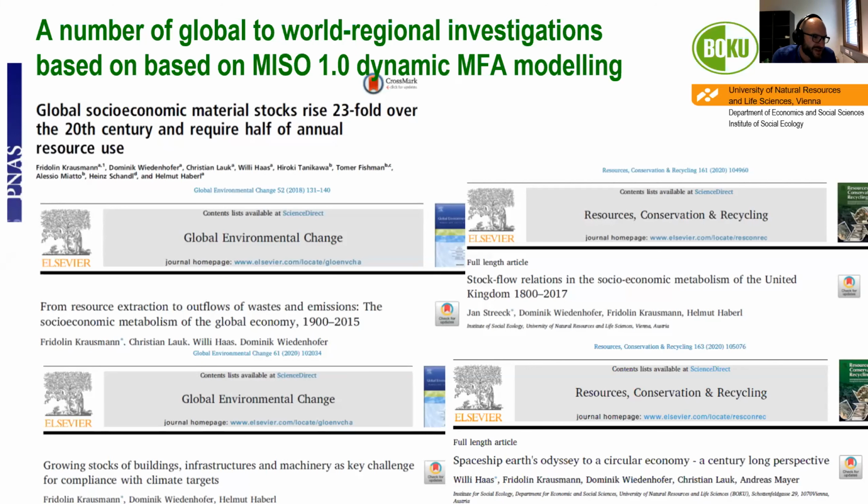But I also have to say that in the end, most of the studies circle back to the same data sources. So in that sense, they're not really that independent. And I have seen very little real independent data that we can compare against, as we have this constraint that we need at least the national scale with a similar system boundary. So there are only a few studies that have done that.